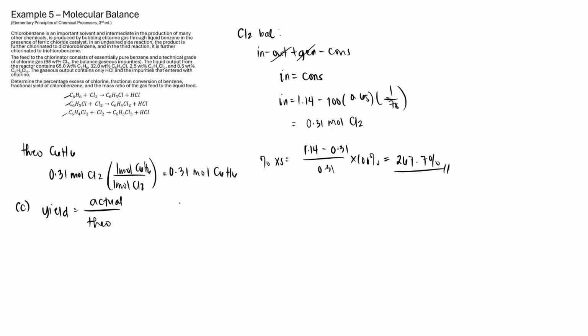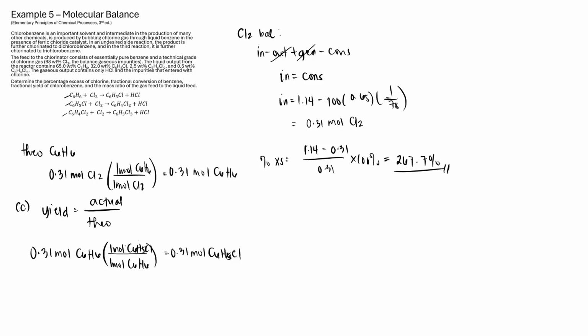So with that, 0.31 mole C6H6, 1 mole C6H6 to chlorobenzene, C6H5Cl. So that will give me 0.31 C6H5Cl.